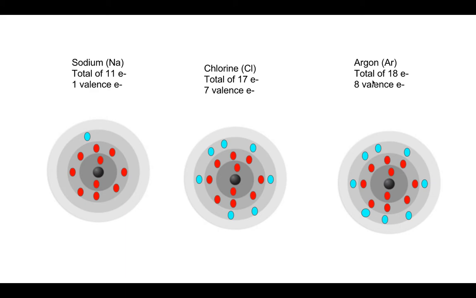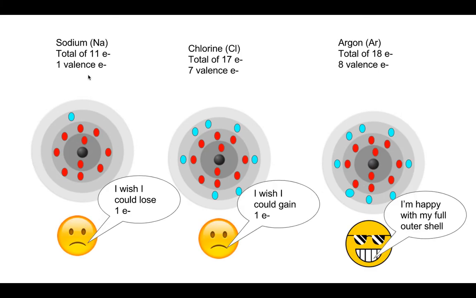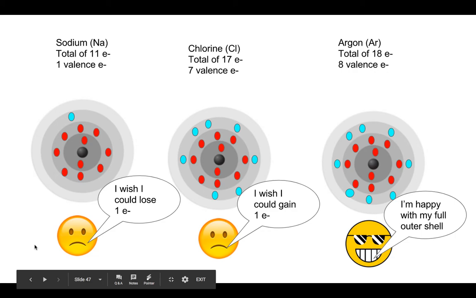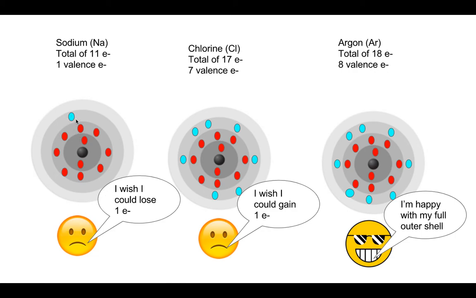Now, let's look at argon. Argon has a total of 18 electrons. That's 8 valence electrons. Is argon happy? You bet. Sodium is very reactive because it wishes it could lose its valence electron so that this shell, the second energy level, would be full.